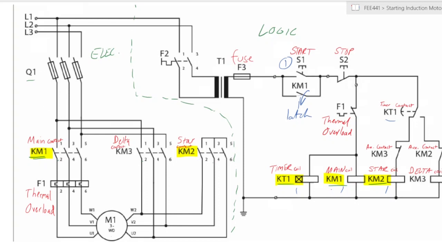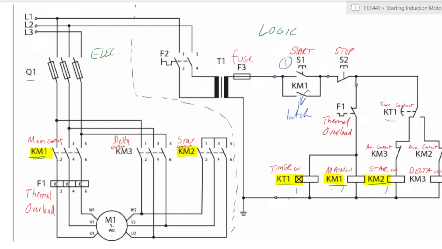We have now energized our machine into a star configuration, which has a lower, 1/3, current than the delta configuration. However, the voltage is similarly also less across each of the windings. Right.